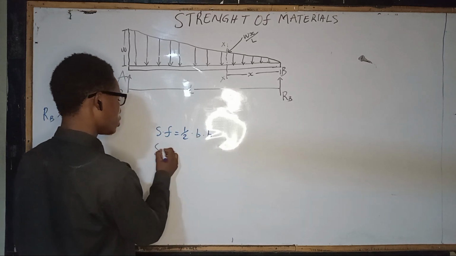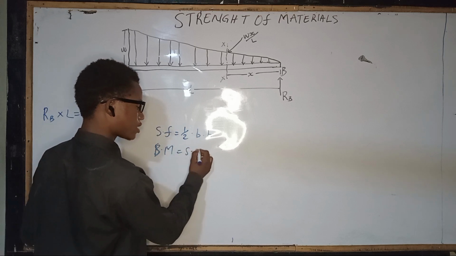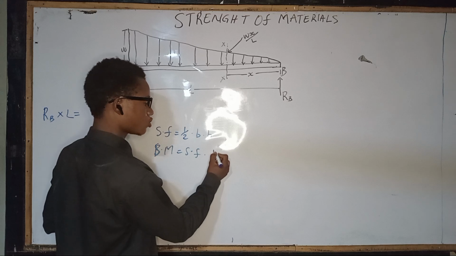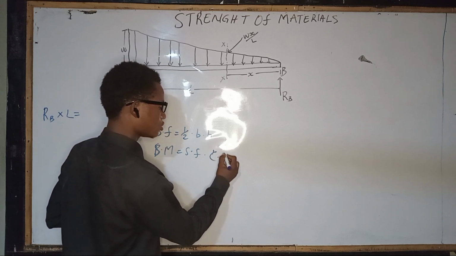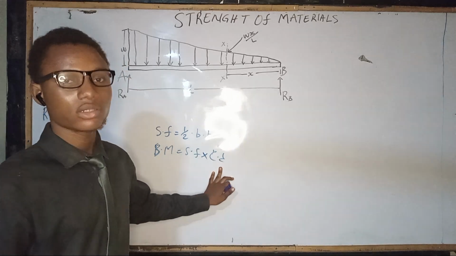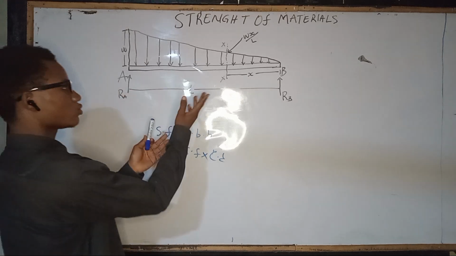And the bending moment would be this shearing force times the centroidal distance. So the bending moment is what we are looking for here.